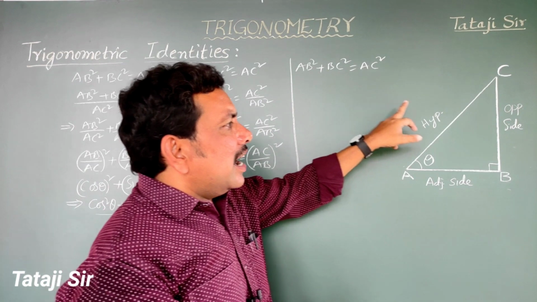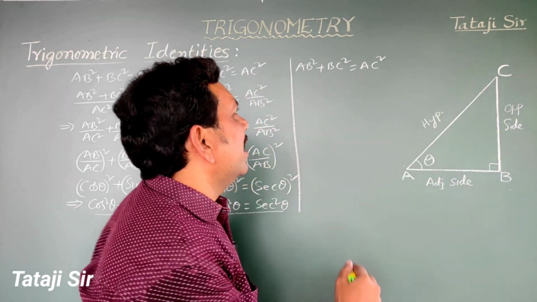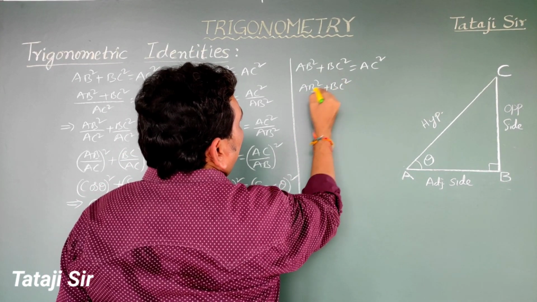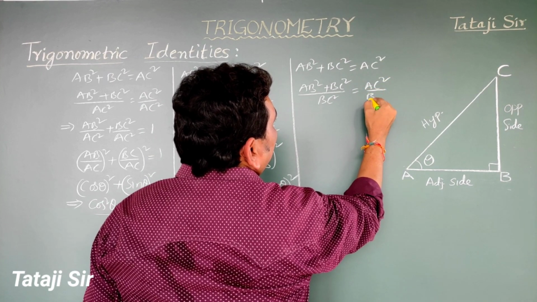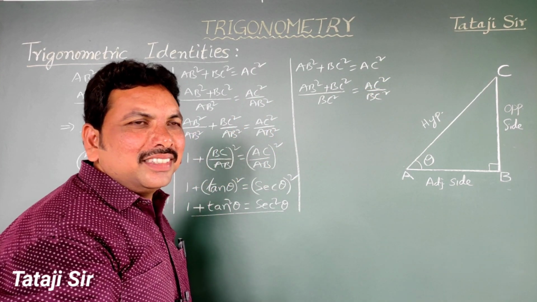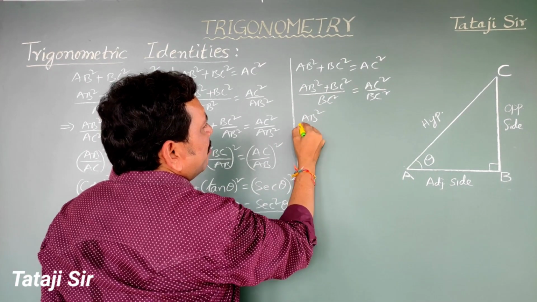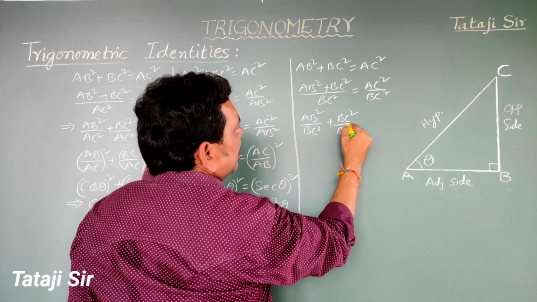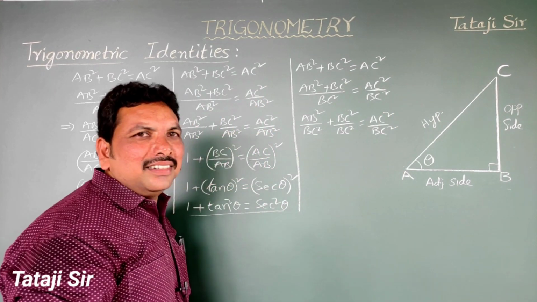In the third, we have to divide with BC square. So that is AB square plus BC square by BC square is equal to AC square by BC square. Again divide and write AB square by BC square plus BC square by BC square is equal to AC square by BC square.